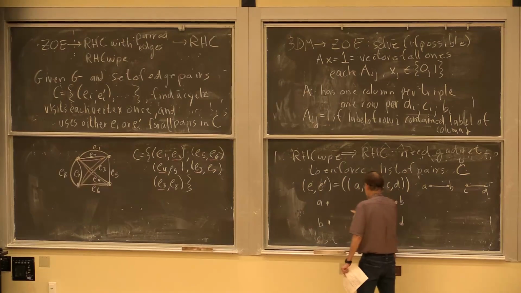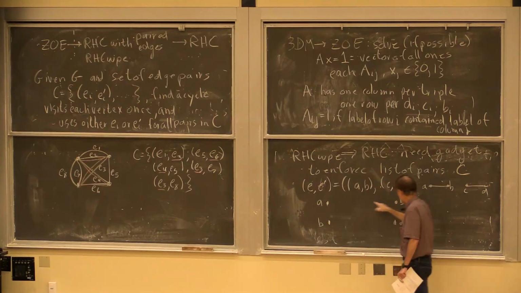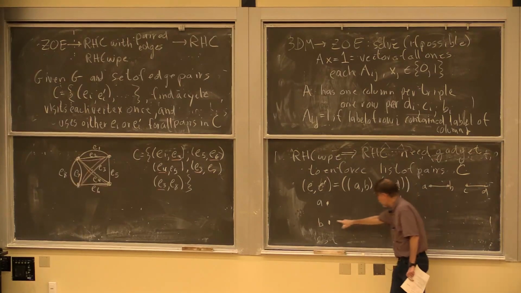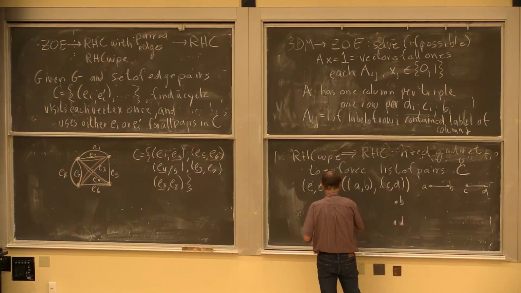I want to add some cleverly chosen edges in the middle so that if you start there, you have to end there. And if you start there, you have to end there. So here's what it's going to look like.